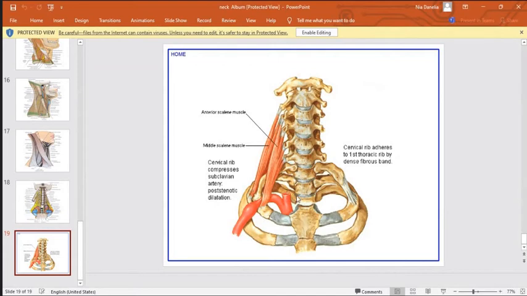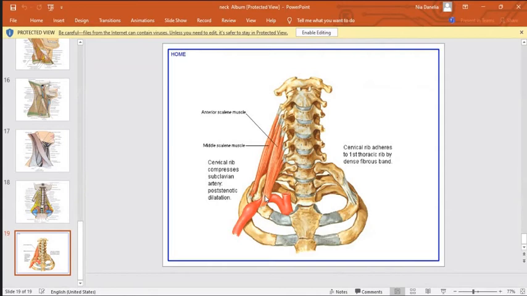Now, longus colli is removed from the picture, but we know that it is located anteriorly to the vertebra. So scalenovertebral triangle is that area where passes the subclavian artery.